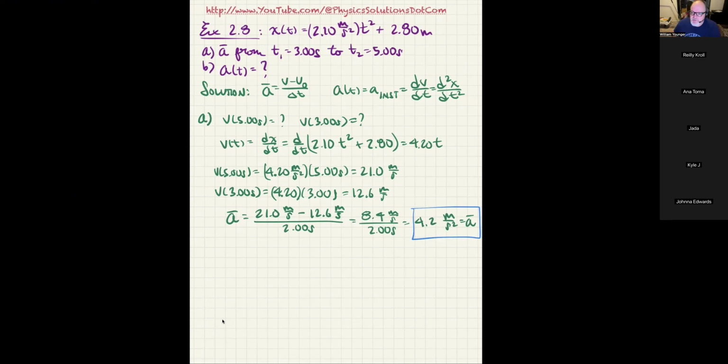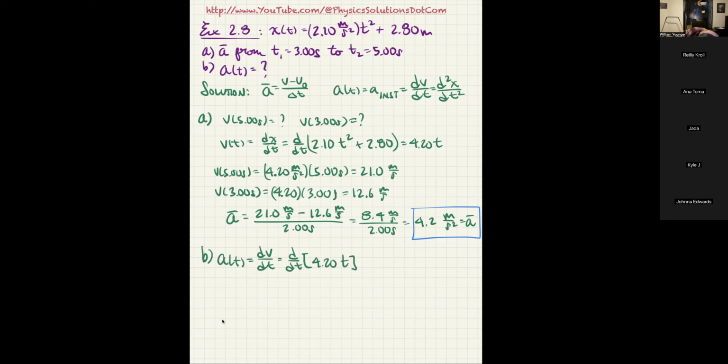Okay, so now let's calculate the acceleration as a function of time. To that end, we're going to use a of t is dv dt, which is d by dt of the velocity as a function of time that we just calculated. It turned out to be 4.20 t.